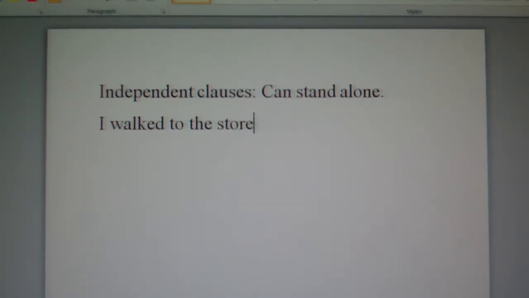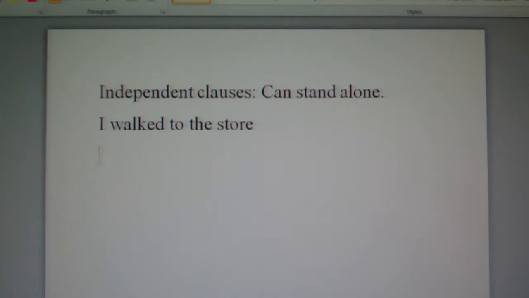That's an example of an independent clause. We have a subject, I. The verb is walked. We have prepositional phrasing there, which is to the store. Store, of course, is another noun. Don't want to get too carried away with that, but you can see that it stands alone and it makes sense by itself.